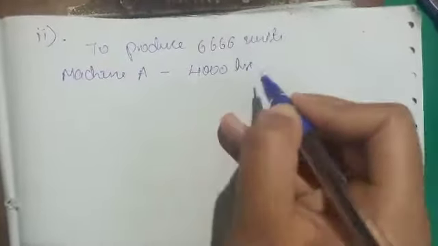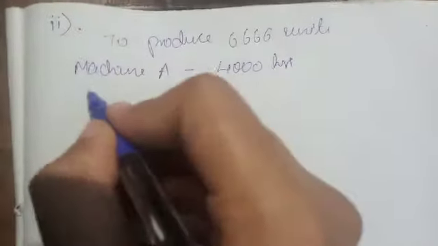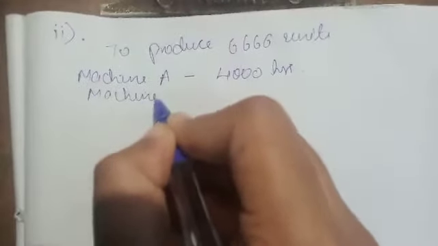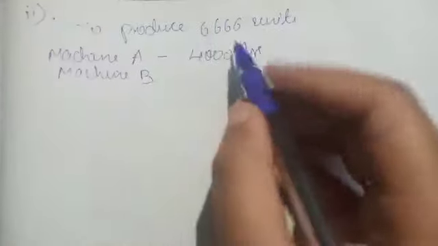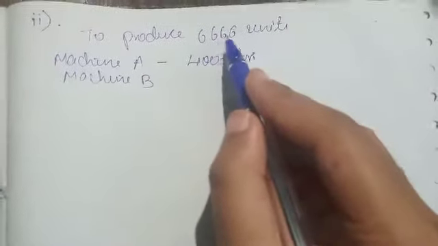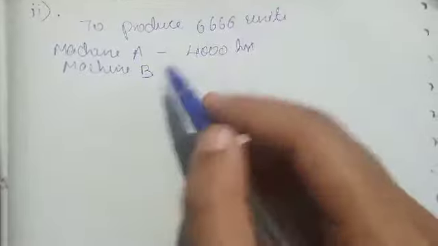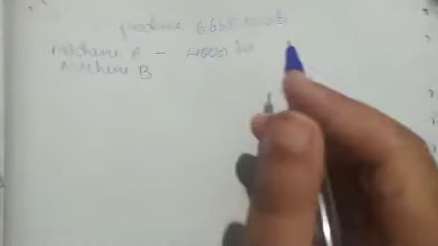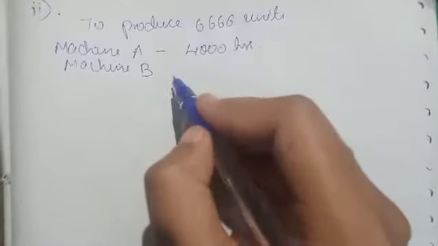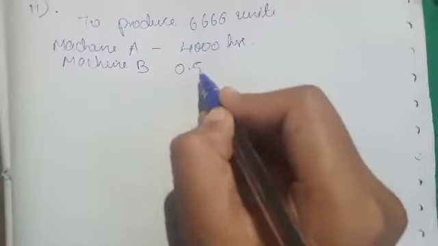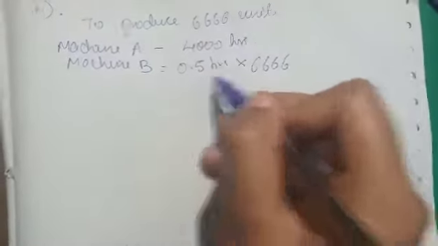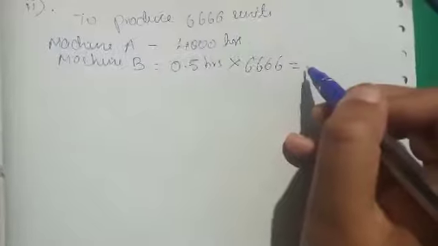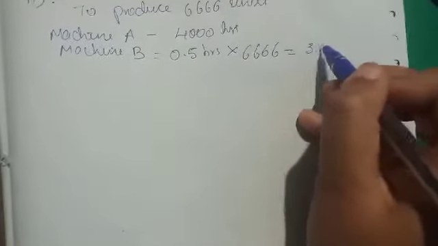Okay, but machine B is not like that. Machine B will run for 4500 hours and we are not bothered for that. But to produce these 6666 units, how many machine hours will B take? As we know, to produce one unit, B takes 0.5 hours. And to produce these 6666 units, how many hours will machine B take? It takes 3333 hours.